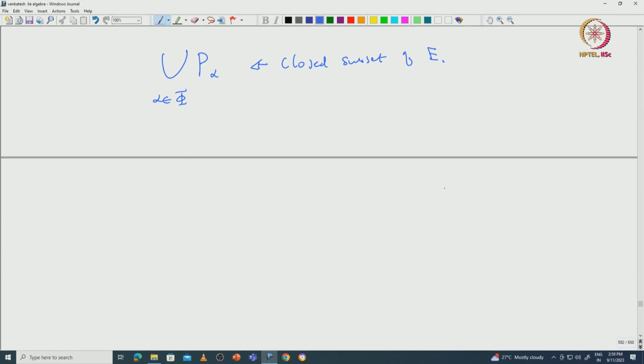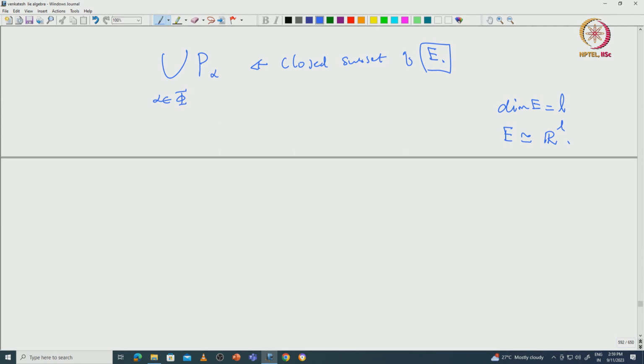Now, this cannot cover the entire E, because, for example, one can immediately give a measure theory proof. If you take a measure defined on this Euclidean space, which has dimension, let us say L, then E is naturally isomorphic to R power L. If you take the standard measure on capital E, then the measure of this union of P alpha will be 0, because each hyperplane has measure 0, and a union of finitely many hyperplanes will definitely have measure 0.